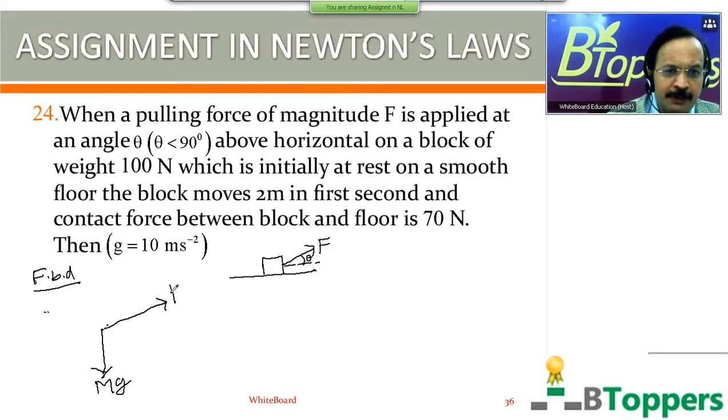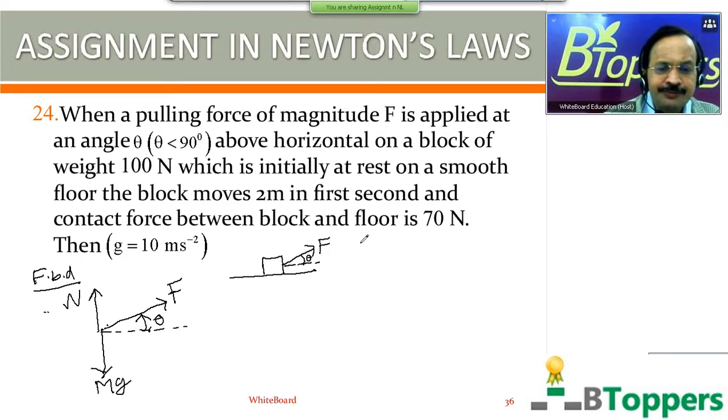Here F is the magnitude of the pulling force applied on the block, which acts at an angle theta above the horizontal. Let N denote the magnitude of the normal reaction force on the block by the floor, which acts vertically upwards, perpendicular to the surface of the floor in contact and directed away from the surface.